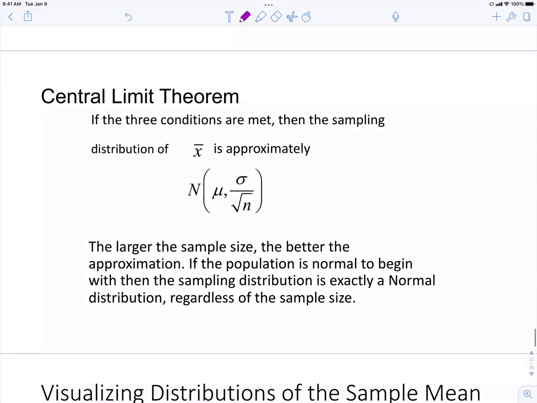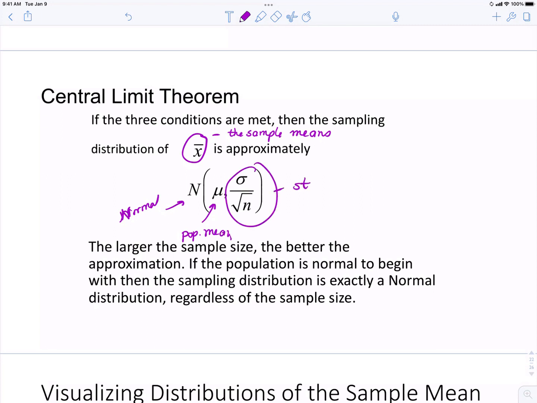And here's what the central limit theorem says. If those 3 conditions are met, then the sampling distribution, and this is the symbol for the sample means, has a shape that is normal, the center will be the same as the population mean, and the standard deviation of the sampling distribution is going to be equal to this formula: the population standard deviation, that's the symbol here, divided by the square root of your sample size.